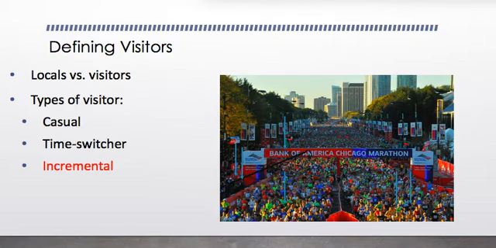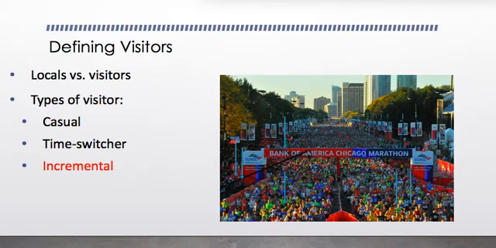So we don't want to look at local spending in the same way that we look at visitor spending because of this concept of displaced spending, right? If a local who lives in the Chicago area comes down to the marathon, goes out to eat at a restaurant the night before the race and does some other spending locally while the race is happening, that's not the same as visitor spending, right?